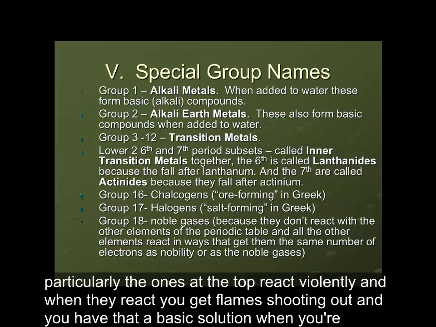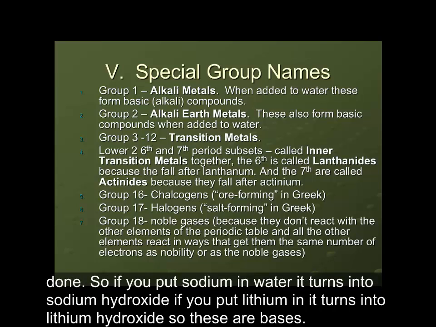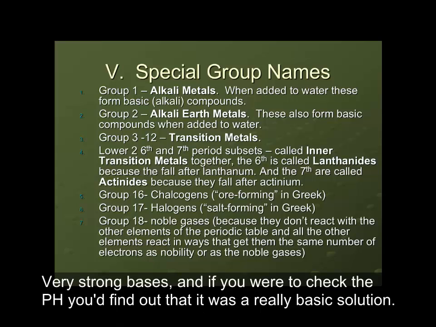And when they react, you get flames shooting out, and you have a basic solution when you're done. So if you put sodium in, it turns into sodium hydroxide. If you put lithium in, it turns into lithium hydroxide. So these are bases, very strong bases. And if you were to check the pH, you'd find out that it was a really basic solution.